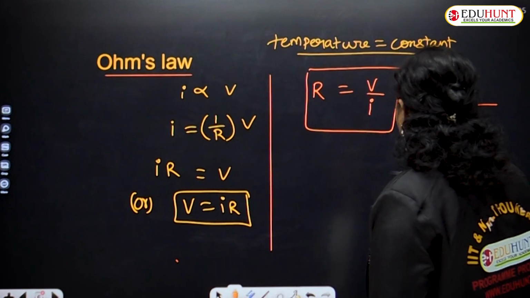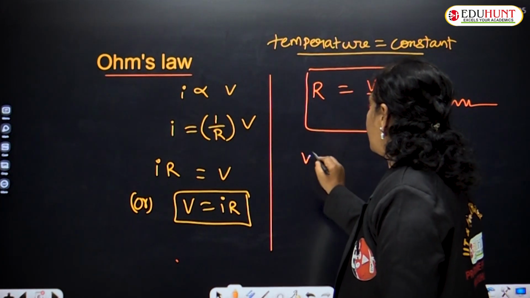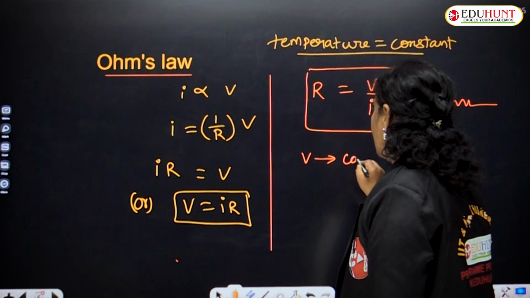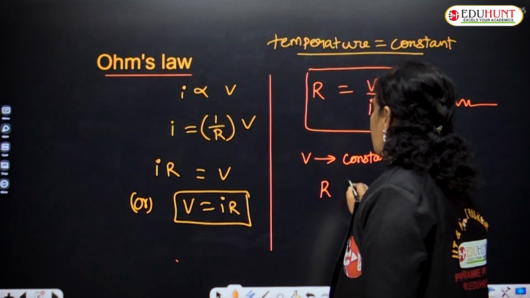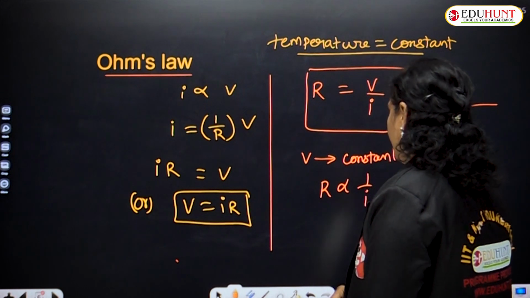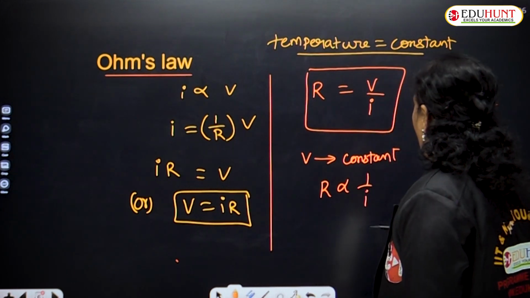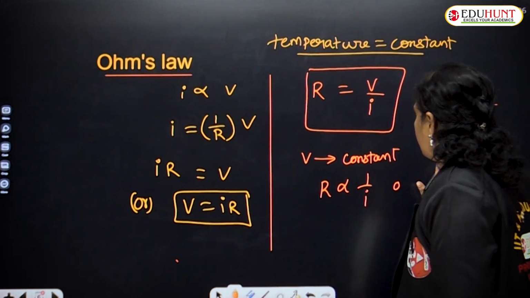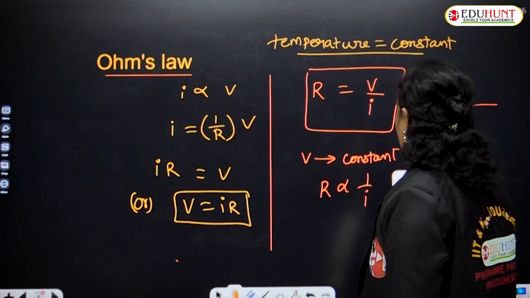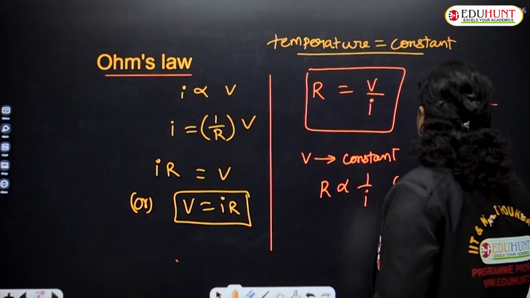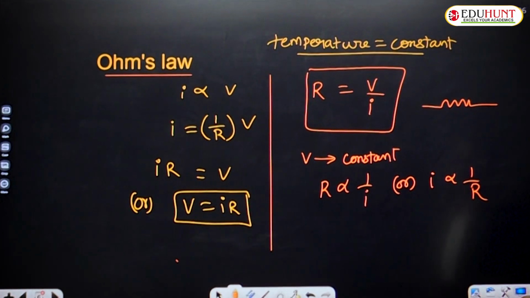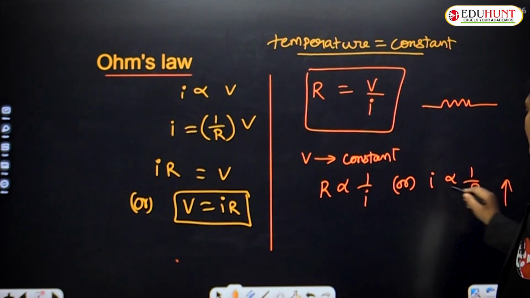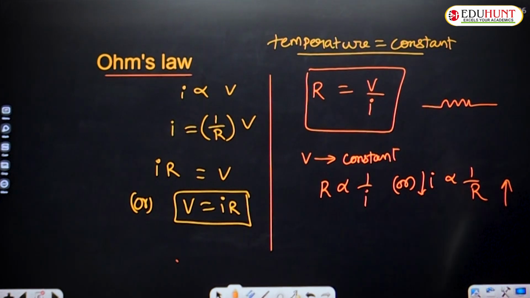Well, from this, suppose V is constant, then we can say that R is inversely proportional to I, or I is inversely proportional to R. That means as resistance increases, the amount of current decreases.